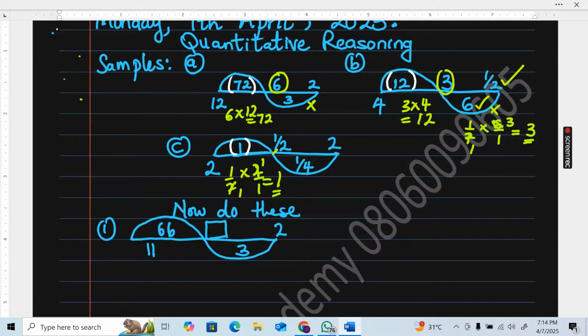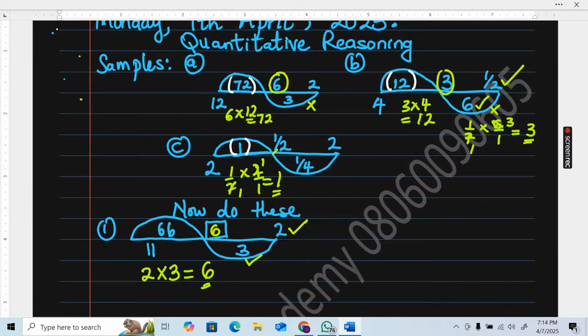We will multiply 2 by 3. So 2 times 3 is equal to 6. So it means that 6 is missing here. Let's go into the box and write 6.